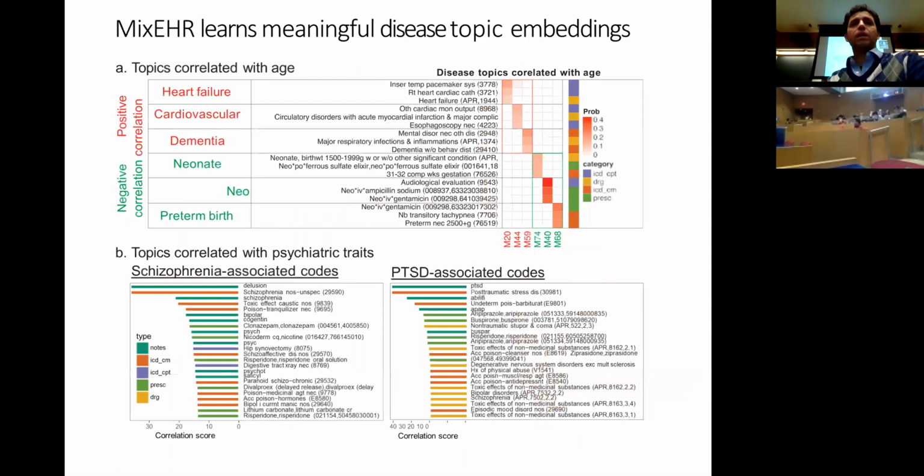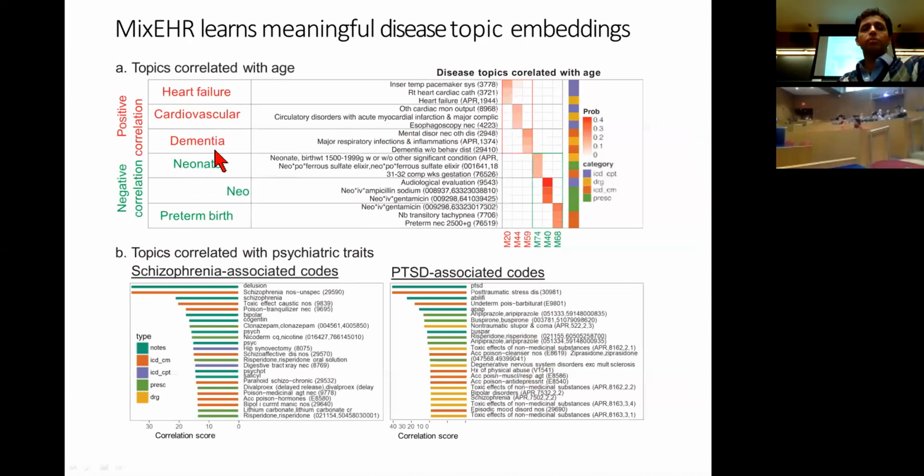You can also ask, how are these topics correlated with quantitative variables such as the age of the individual? And we can basically ask, what are the topics that are the most positively correlated with age, and what are the topics that are the most negatively correlated with age? And what you can see is that, for example, heart failure, cardiovascular disease, and dementia are three of the most positively correlated with age, which are diseases of old age, obviously.